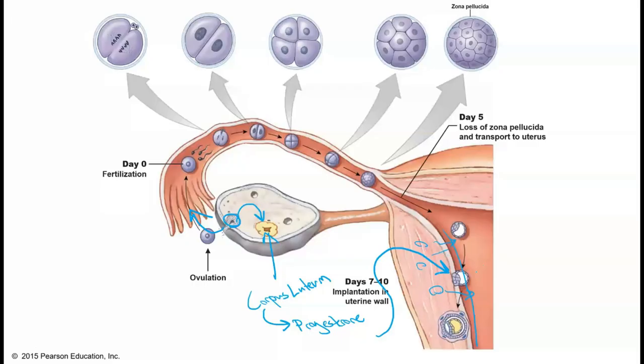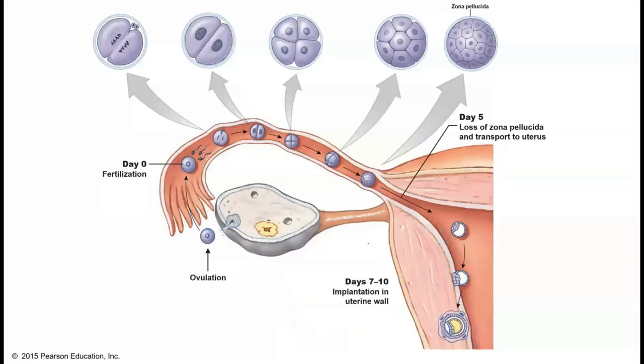And that's really important. Remember, a little ball of cells doesn't have a blood supply. It doesn't have a cardiovascular system. And when it's growing, it requires nutrients for it to grow. Well, the place that it gets those nutrients is from this sugary mucus that is coating the uterus. Without that, there are no nutrients for it to grow.